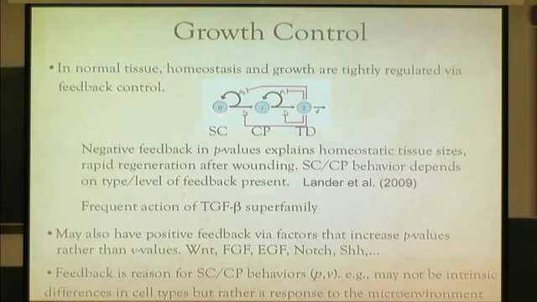And typically what happens is that the more differentiated cells produce factors that negatively regulate the various properties of the less differentiated cells. So for example, these V's denote division rates of cells.